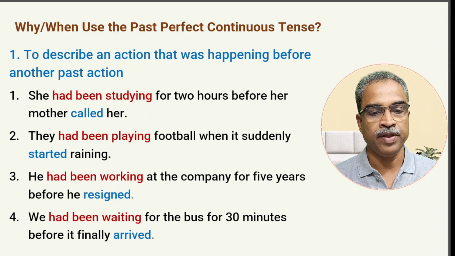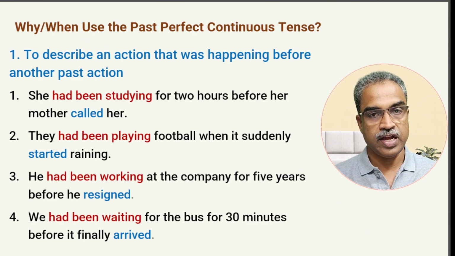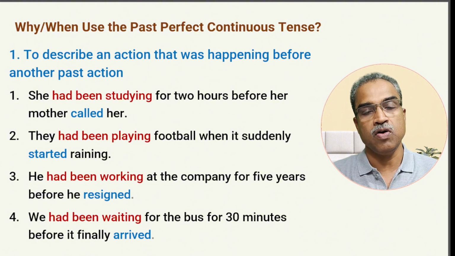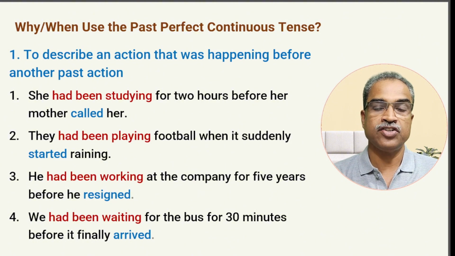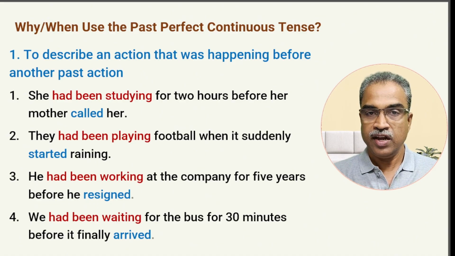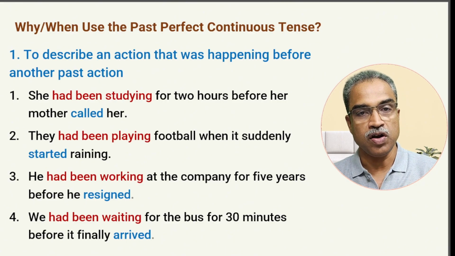Let's see this one. She had been studying for 2 hours before her mother called her. Her mother's calling is one action, and her studying is the other. The studying continued in the past for some time. Why did it get a break? Because her mother called.